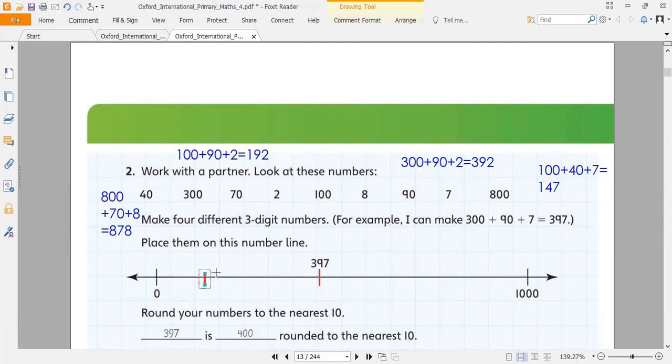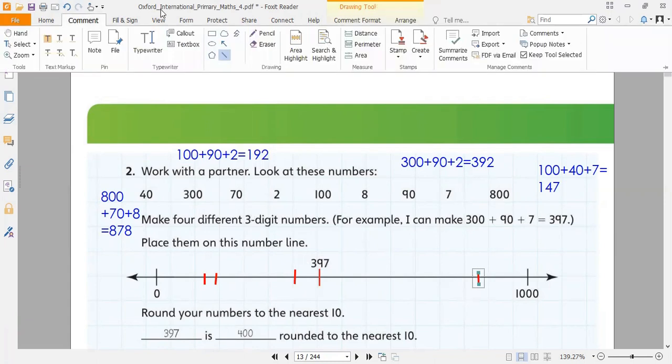Next is 192, and the third is 392, and the fourth is 878.